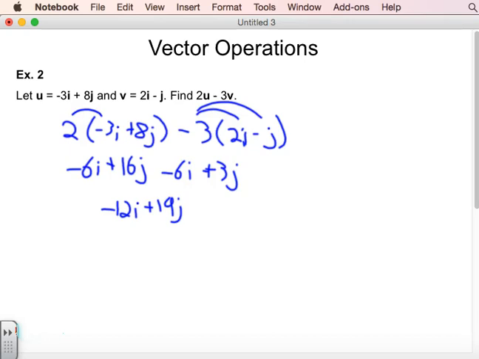Now, if they wanted you to write your answer in component form, then you would just do <-12, 19> if they asked for the answer in component form. All right, so there's your answer for that one.